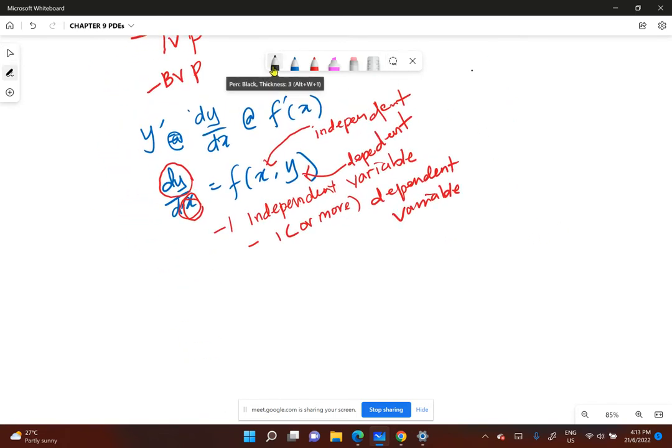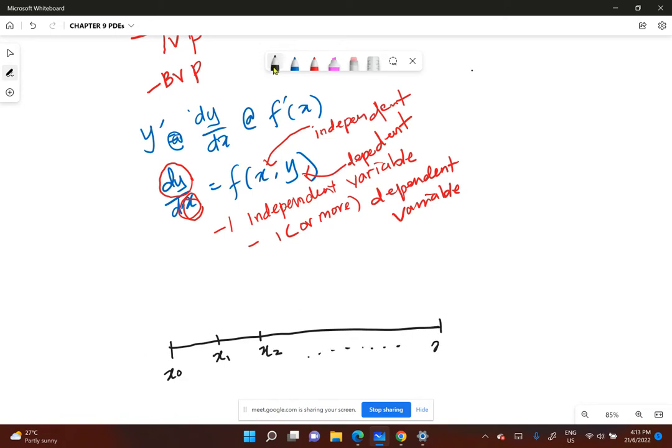Any ODE. So, last chapter, what you learned is like this. For example, when we are solving the initial value problems, it is like this. Let's say you have x naught, x1, x2, and so on until xn. If it is an initial value problem, that means the value of y naught is given, and you have to find y1, y2, and so on until yn.